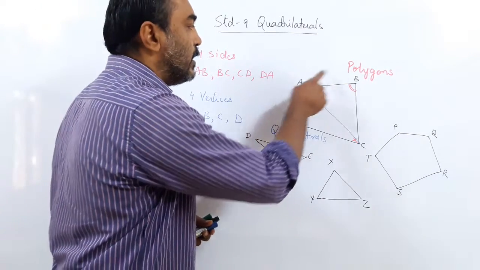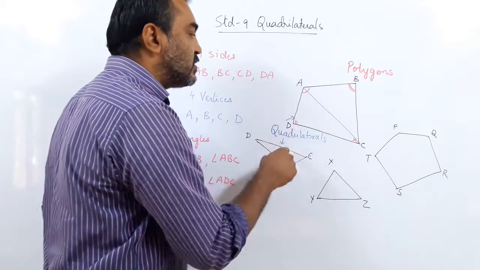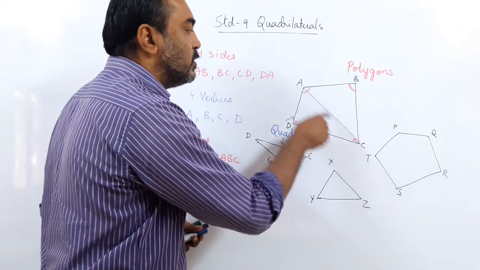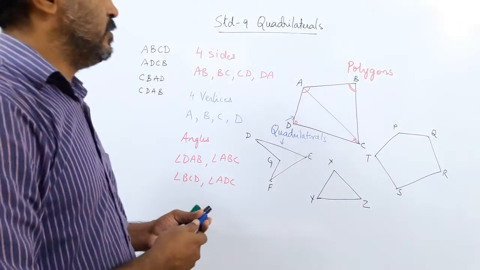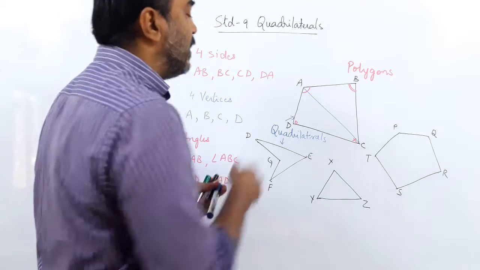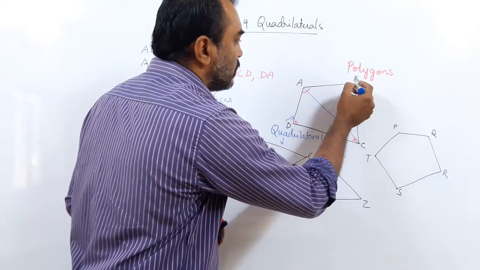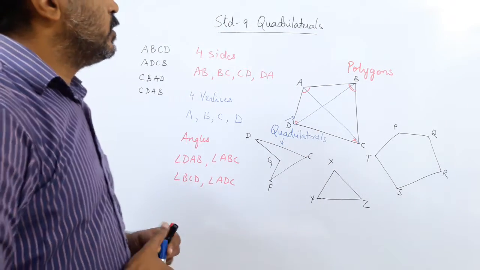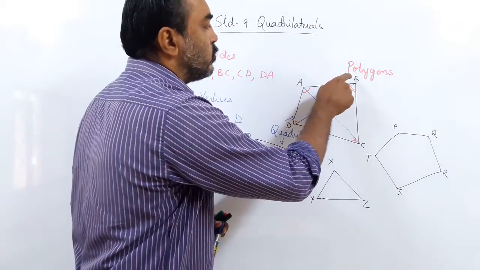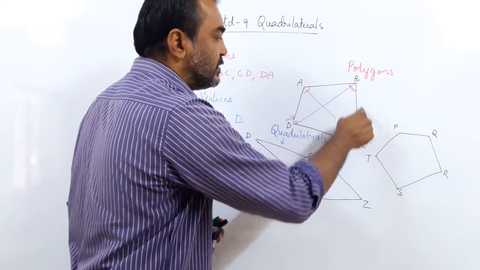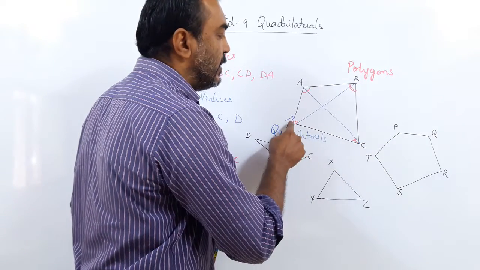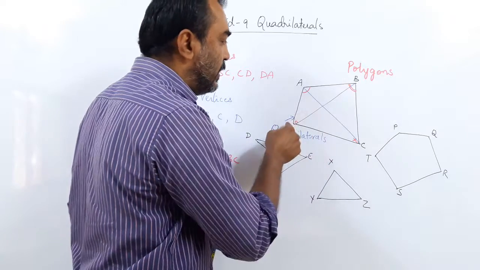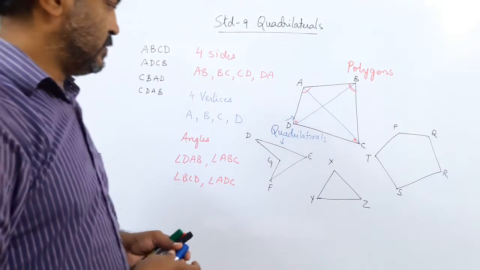A has got B and D which are adjacent, C is not adjacent. So AC is called a diagonal. And if I start from C, I will end at A. This is the diagonal BD. Diagonals means the point should not be adjacent. So for B, A and C are adjacent while D is not adjacent, on the opposite side. So BD and AC are called diagonals.